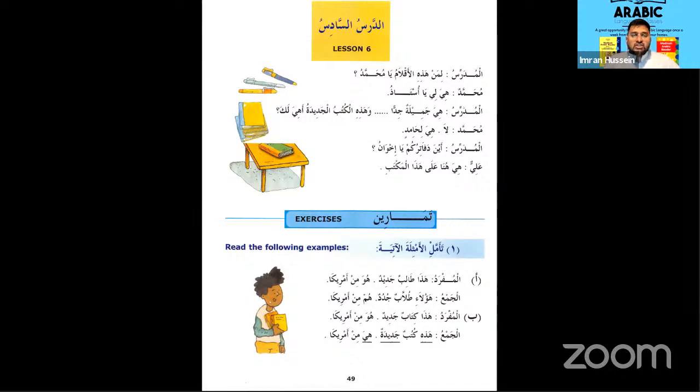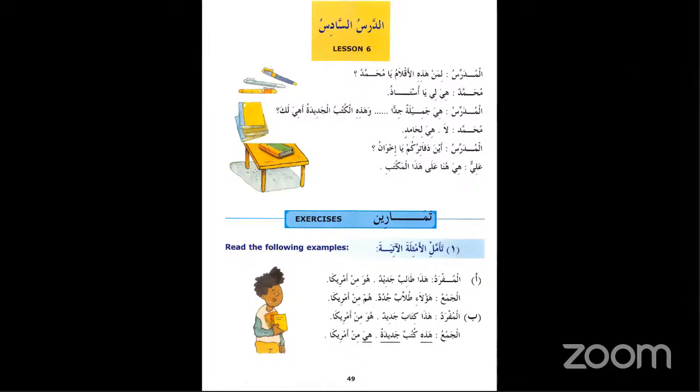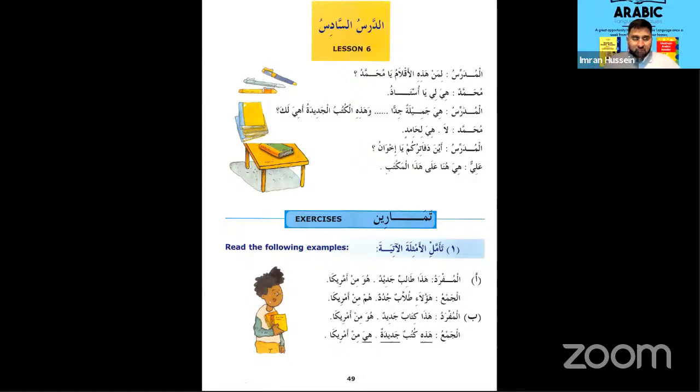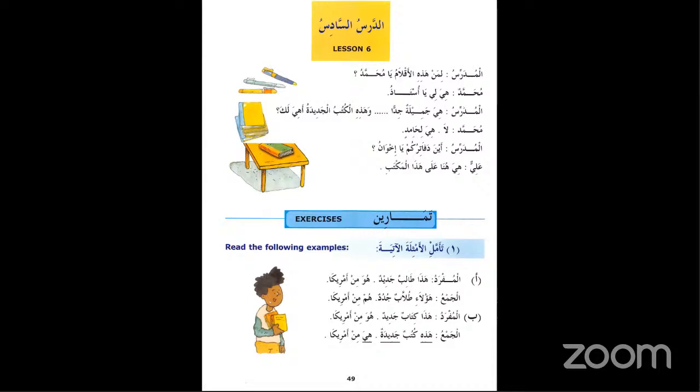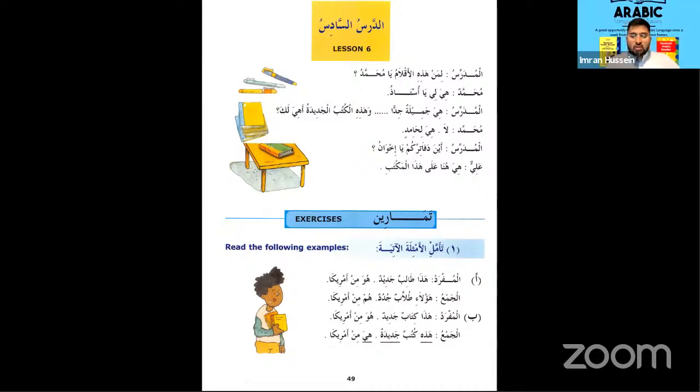We want to say these are female Muslims. How would we say this? Hadihi Muslimatun, hadihi Muslimat. Ha'ulai Muslimatun. Correct.